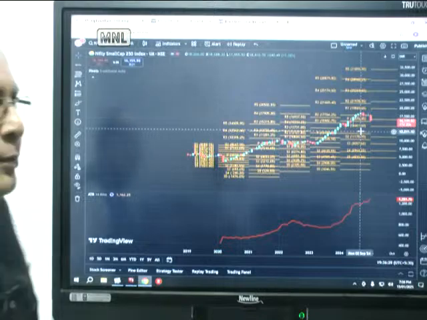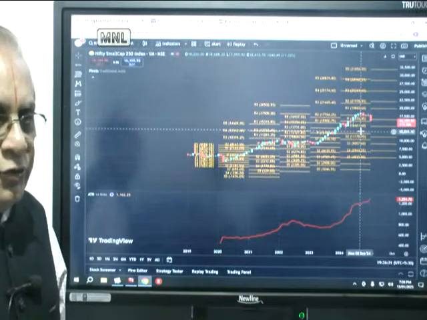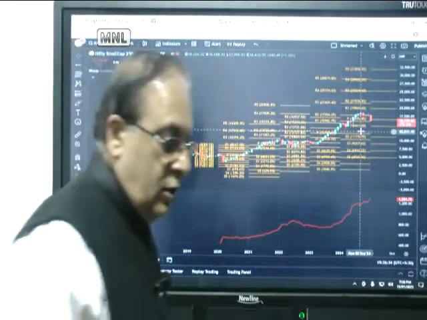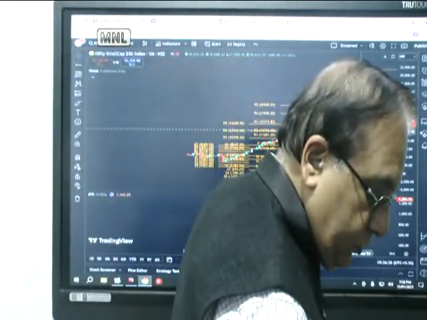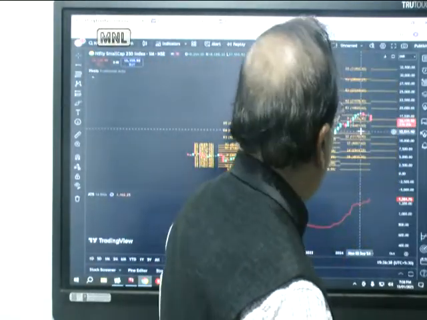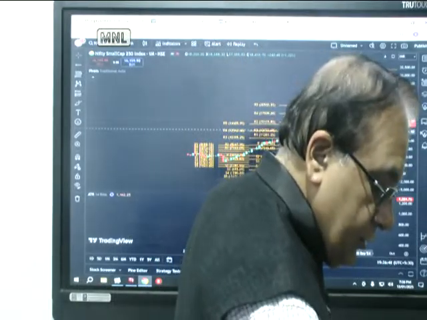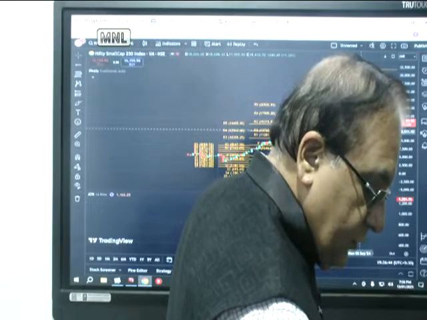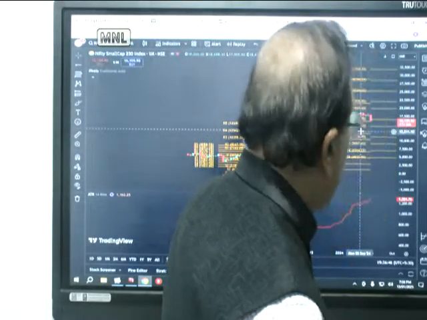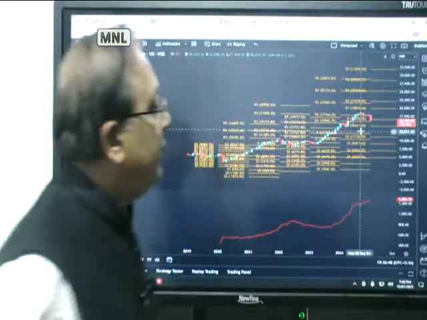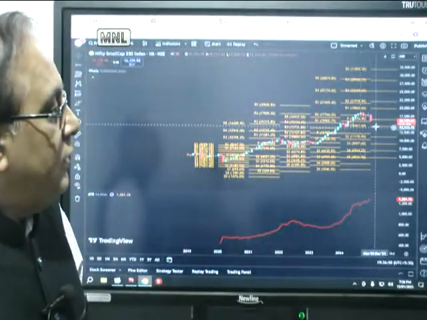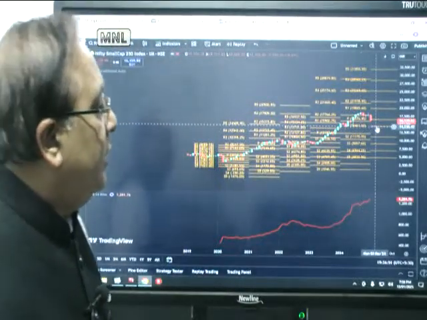So approximately, the 1,162 times 3 will come to 3,500 points. Approximately 3,500 points, 18,410 minus 3,500 is 14,910. So that is what we are saying, that S1 is 14,460. So something closer to this is a possibility.